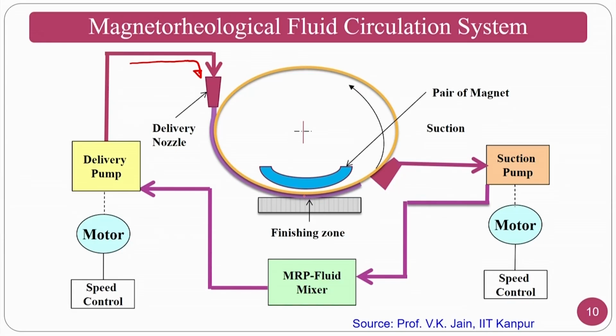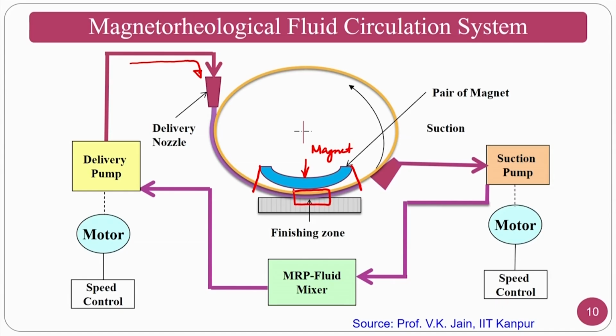As you can see here, this sky blue one is a magnet. Okay, from this region to this region, the fluid will act as a thin ribbon, beyond which it will not act as a ribbon. Okay, that's why once this ribbon is in contact with the workpiece, the finishing action will take place in this region.